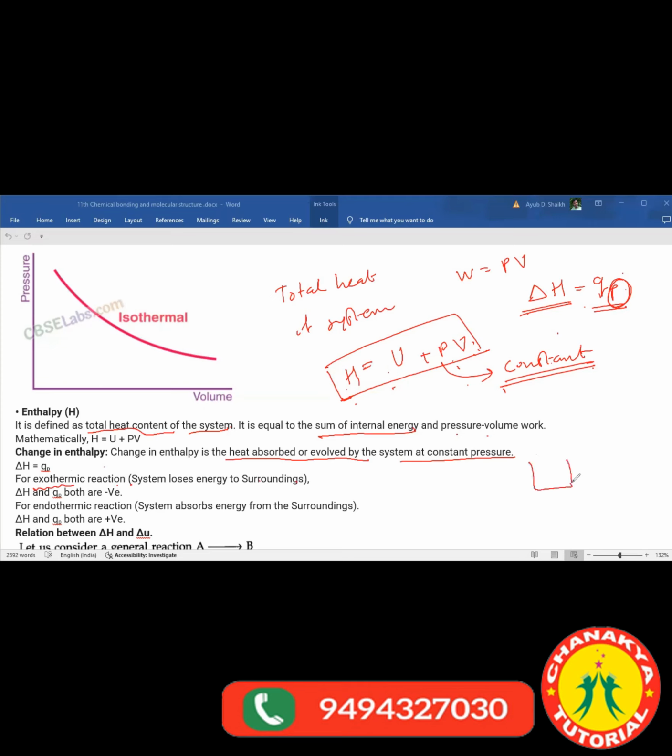Suppose this is your beaker and this is your surrounding. So if heat is lost from this beaker, this is an exothermic reaction. Whenever there is an exothermic reaction, system loses the heat to surrounding, and at this time, your change in enthalpy delta H is negative.